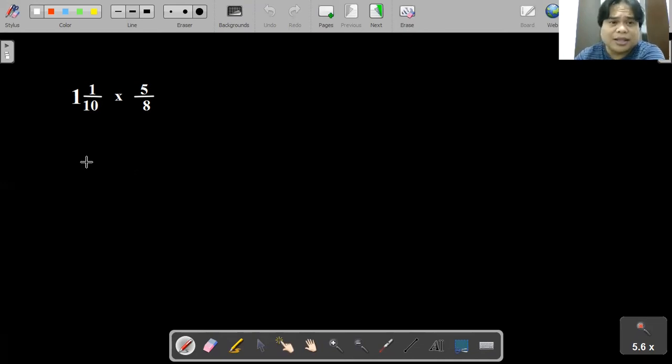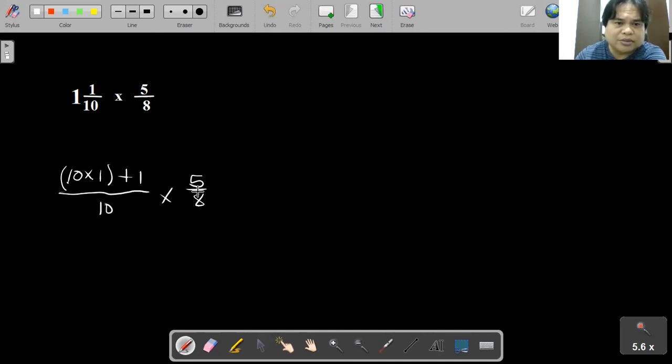The number at the side is a whole number, so you multiply the denominator, the 10, with that whole number, and then you add the product to the numerator, which is 1, all over 10.